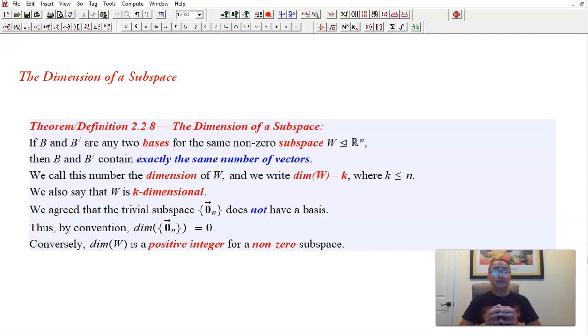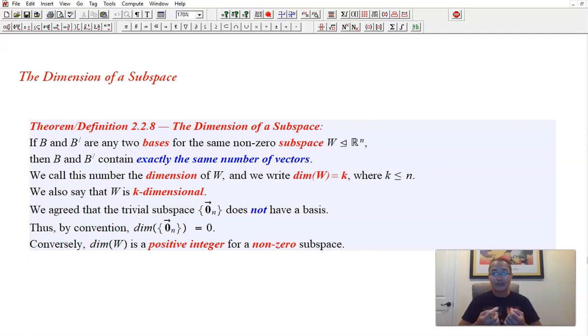We call that number the dimension of W, and we write that the dimension of W is k, and k has to be at most n. k cannot be bigger than n. We also say that W is k-dimensional. Now, the zero subspace does not have a basis because the only candidate is the zero vector, and we saw in section 2.1 that any set containing the zero vector is automatically dependent.